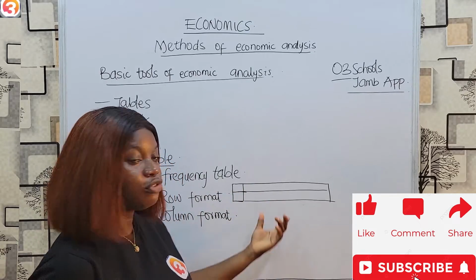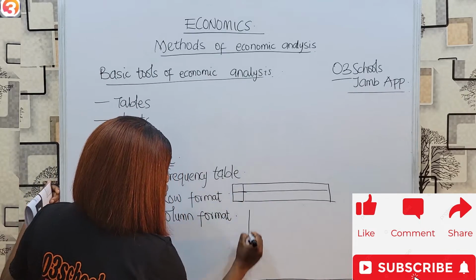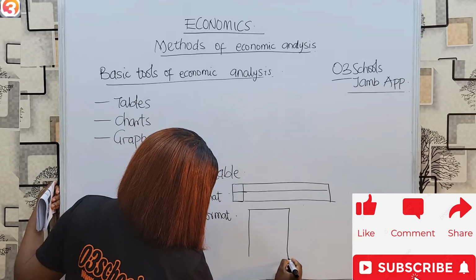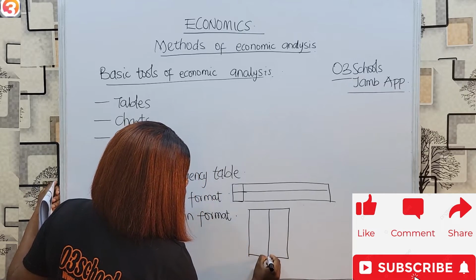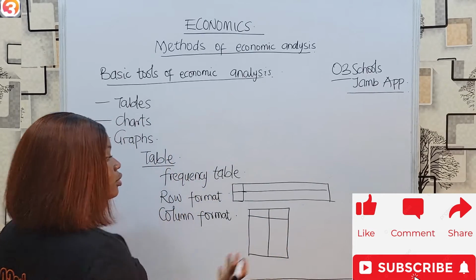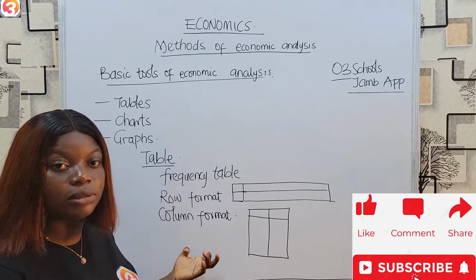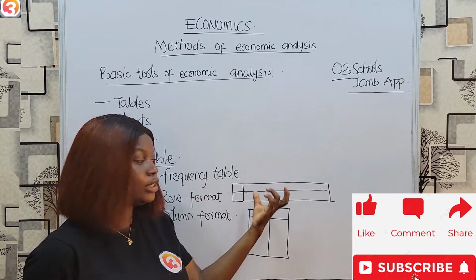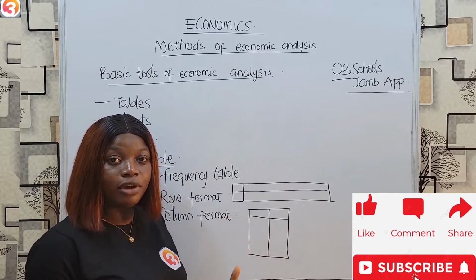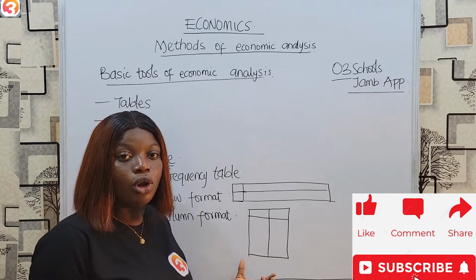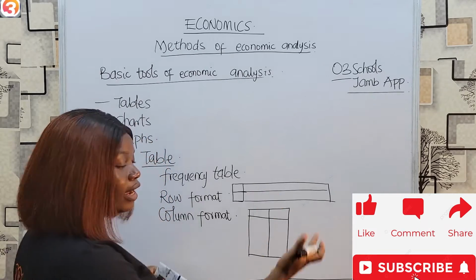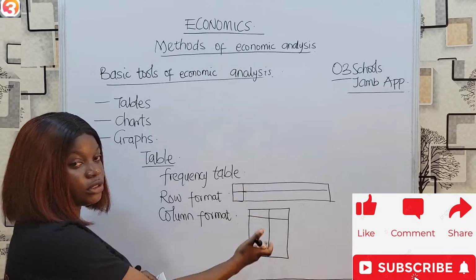This is what the row format looks like, and the column format looks like this. So these are the two types of frequency tables you can find. You have the one represented in the row format, which is usually very common, and then we have the column format. You can find a frequency table in any of these formats.